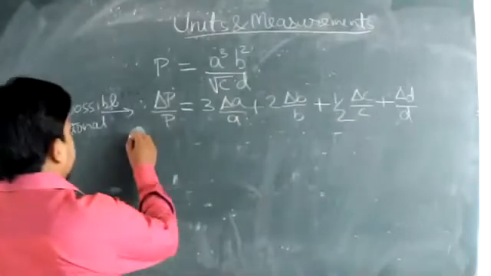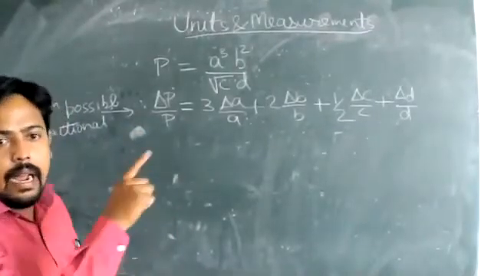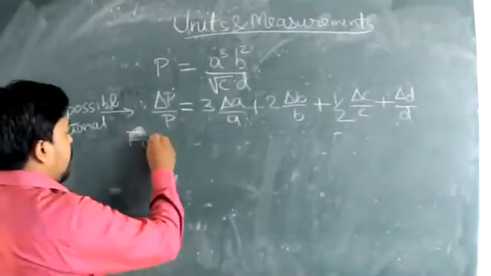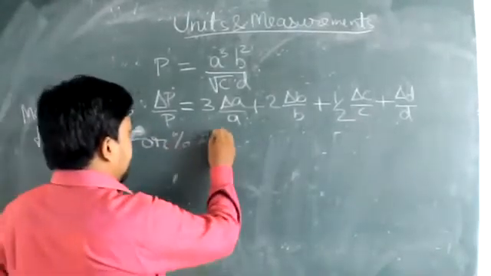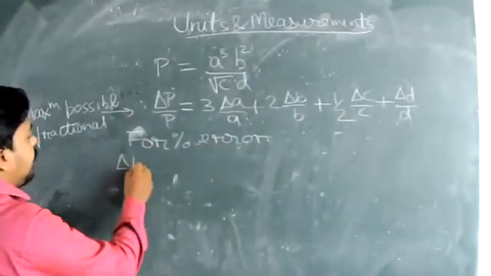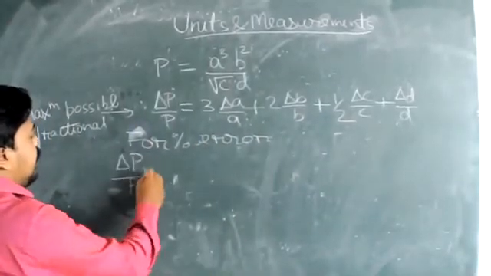For percentage error, we need to multiply by 100 on both sides. Then we will get this, into 100.